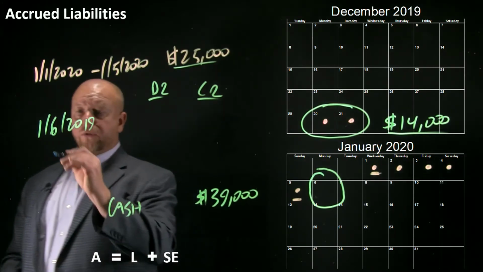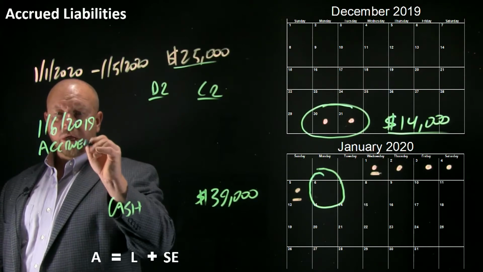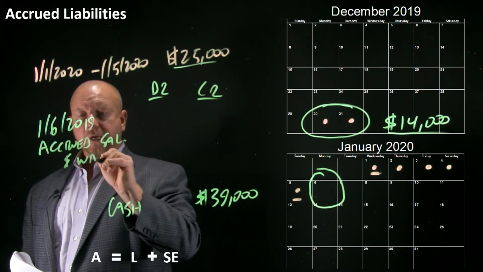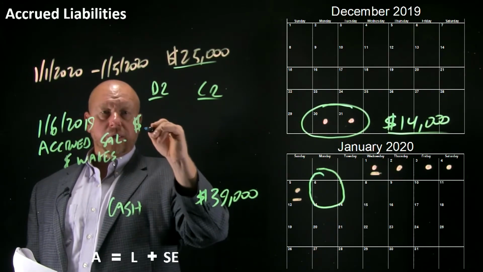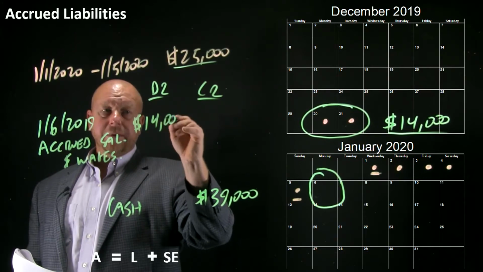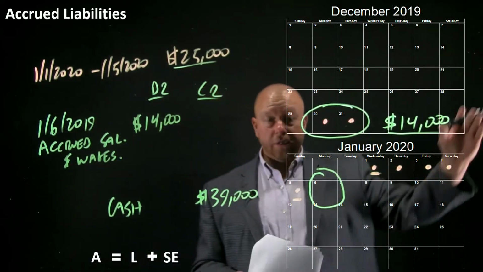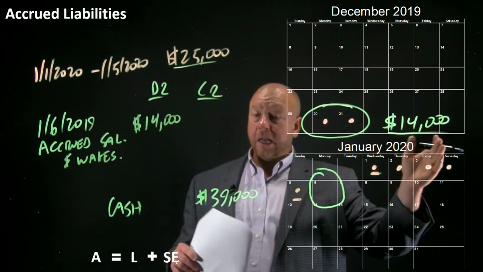Well, one thing we know for sure is that we had accrued salaries and wages. That was the liability we had created back at the end of 2019. That liability is going away, okay? Because now we've paid the employees. This expense that was incurred in 2019, recorded as a current liability, now it's going away.